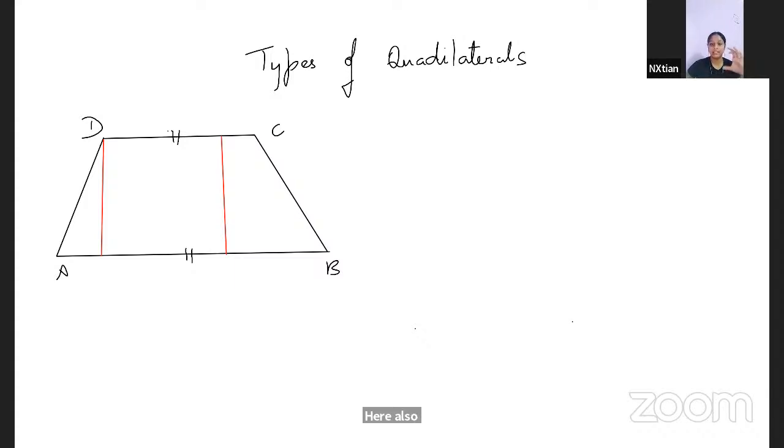That is, the distance between CD and DA is the same. Now this quadrilateral is called a trapezium quadrilateral, with equal altitudes.